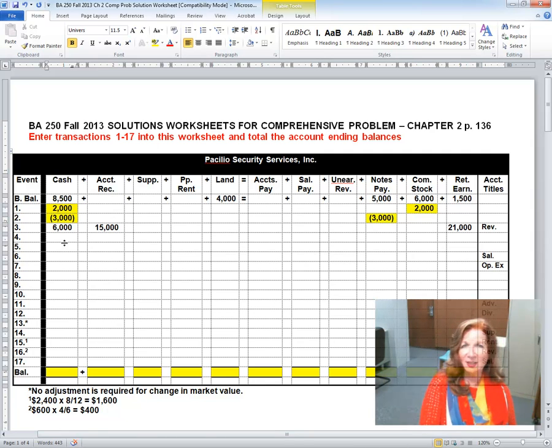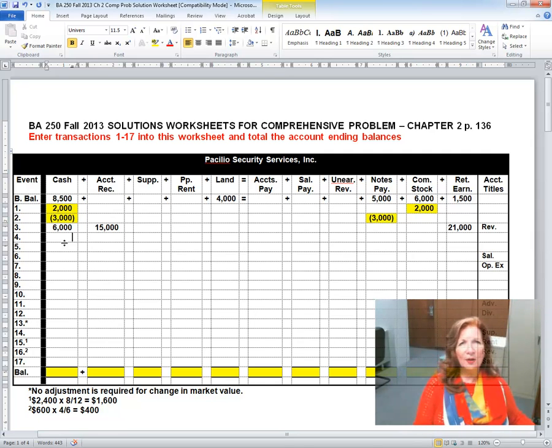Number 15 says recognize the rent expense. Now, here's a calculation for you to think about. We did prepaid rent over here in May 1. So on May 1, we rented a small office for 12 months, and it cost us $2,400.